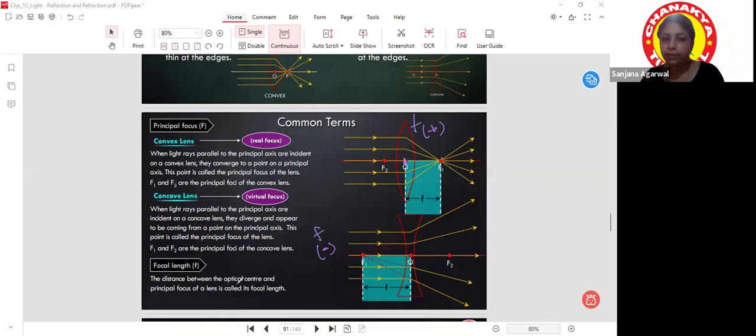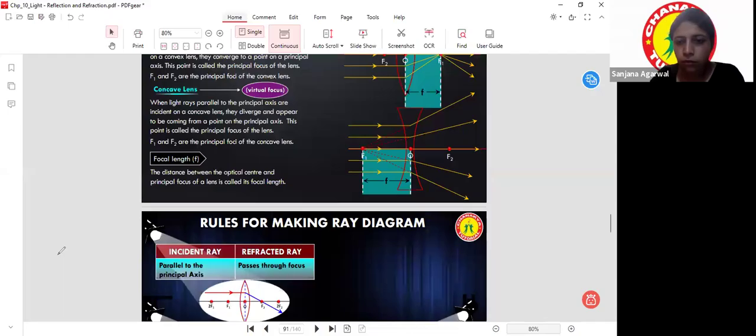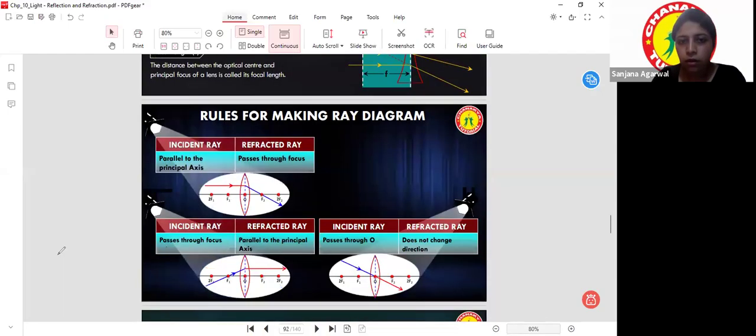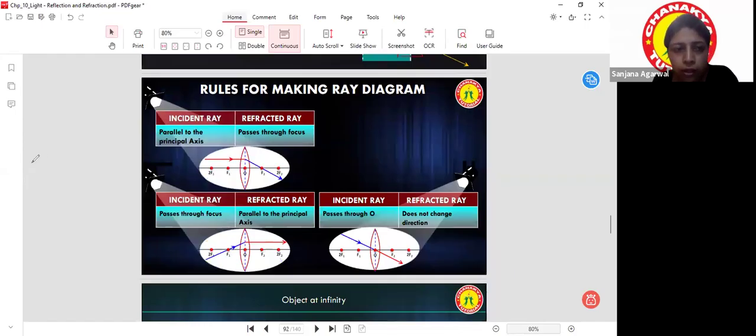The distance between the optical center and the principal focus is known as the focal length.